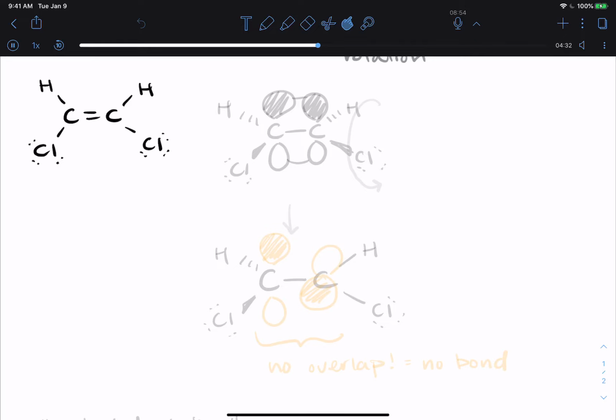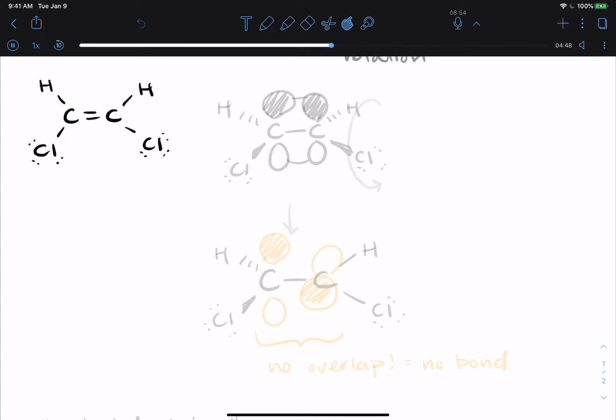And this is different than if one of my chlorines was on the top and one was on the bottom. Now, if they were both on the top, I could just flip my whole molecule over and it would be the same one that I have right here.